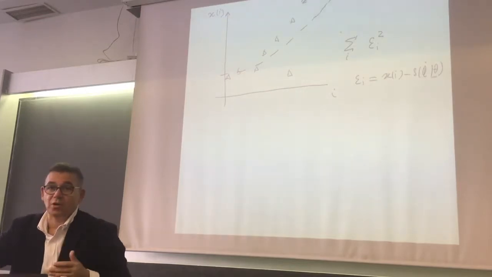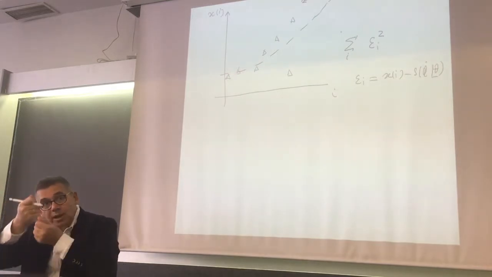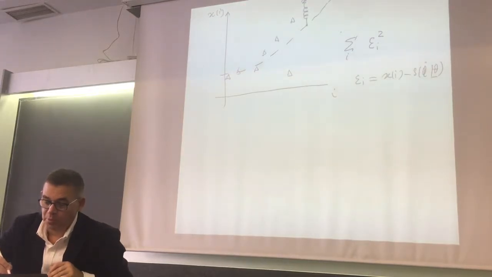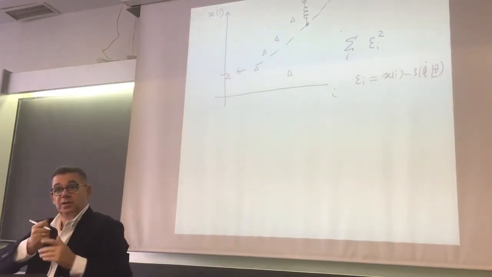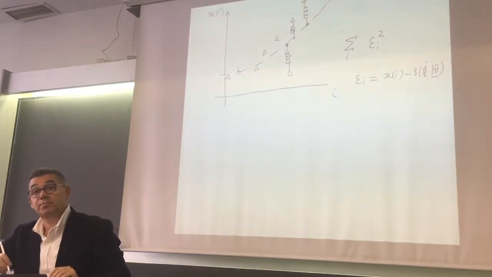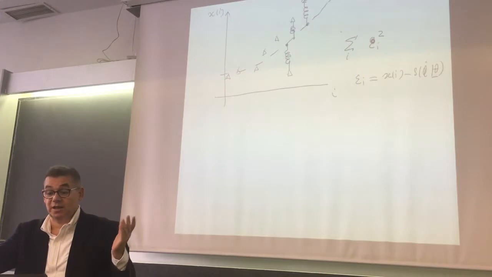Now this error is acting as a pulling element. Every sample is like pulling with a spring in that direction. I have a spring that, since it's far away, is pulling a lot, because remember it is pulling with a quadratic.